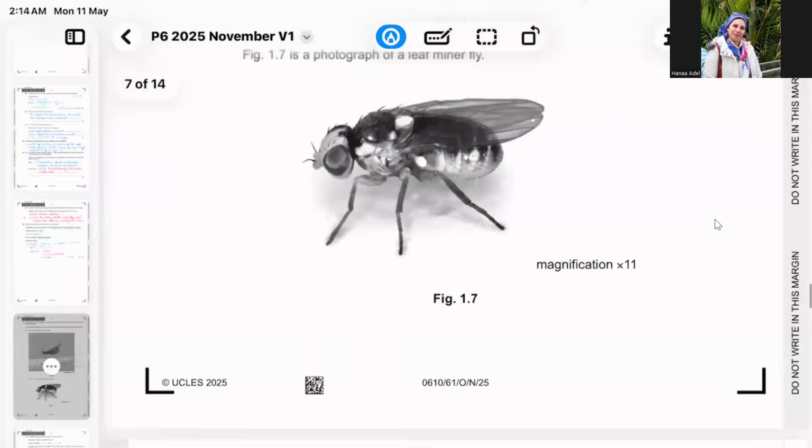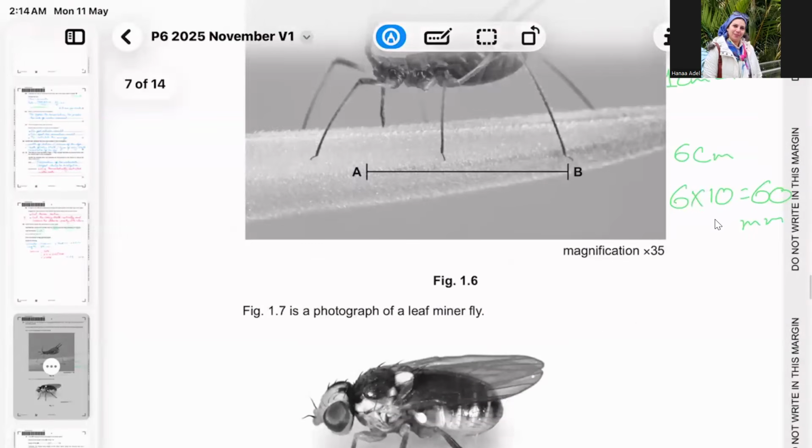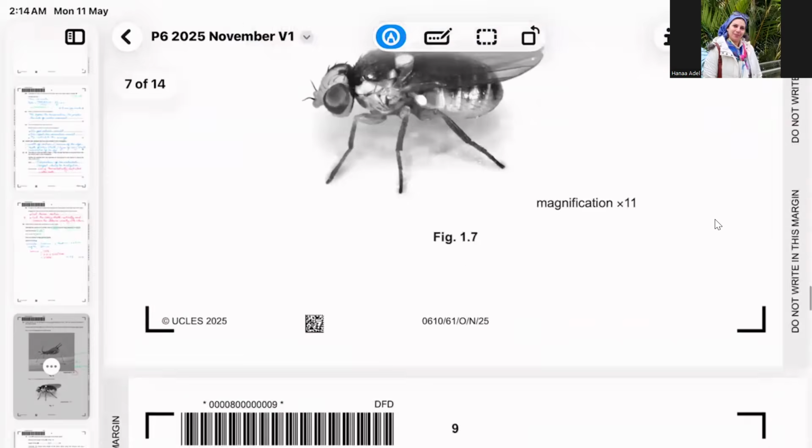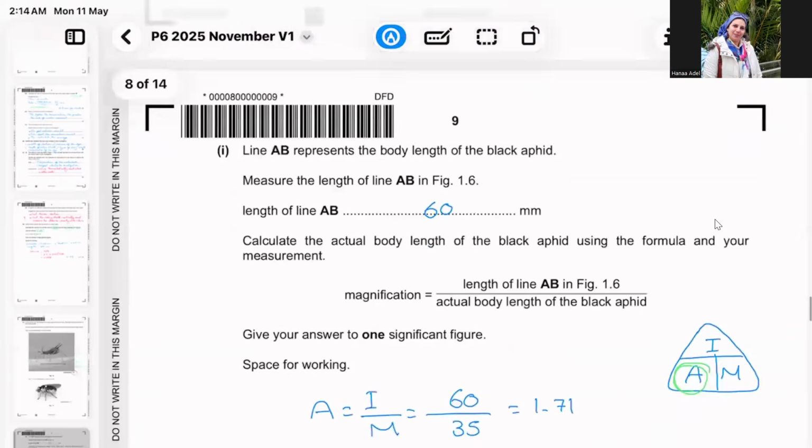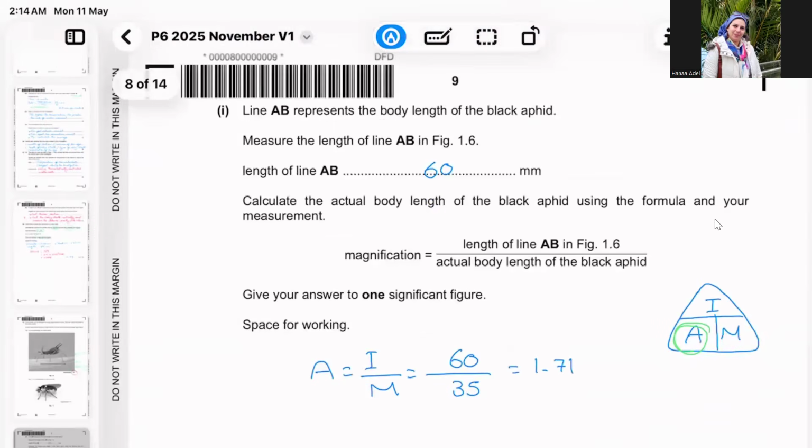So we have to return to the figure, where we can find 35 times. So this is the magnification. So 60, which you get from the diagram. Whatever your value, it's okay if it is different from mine. Divided by 35, which is equal to 1.71.